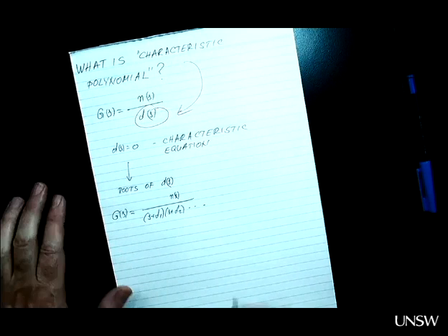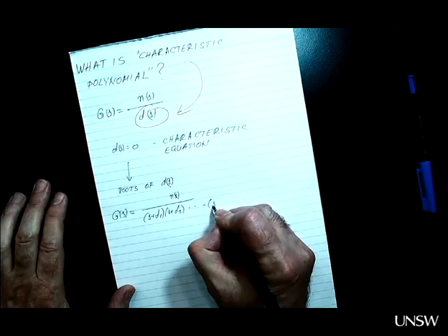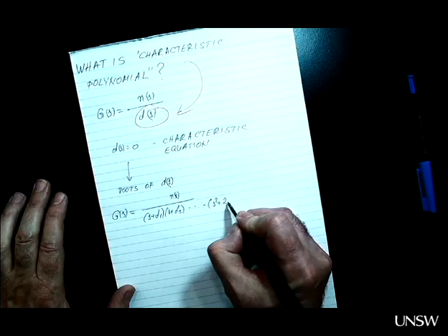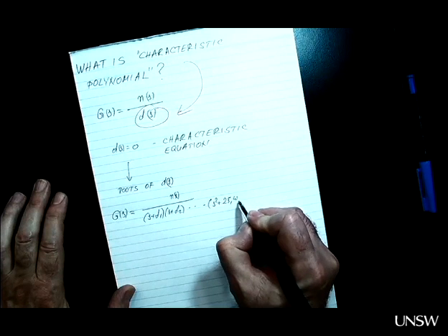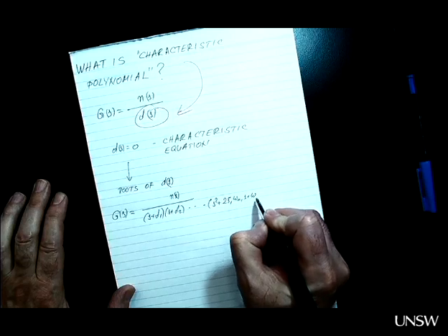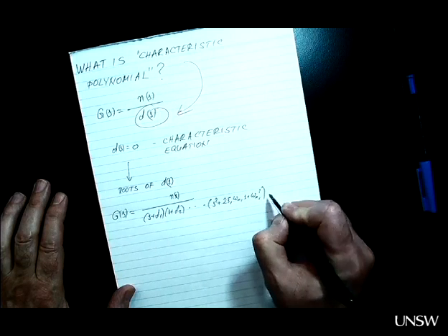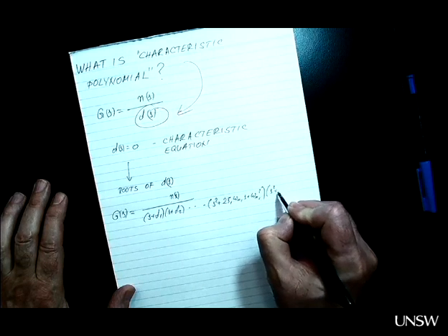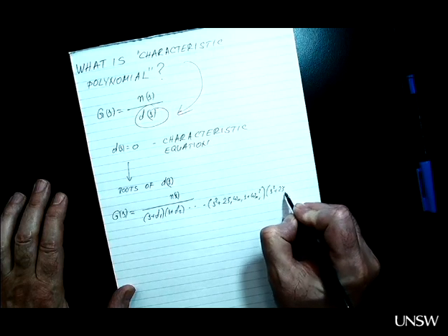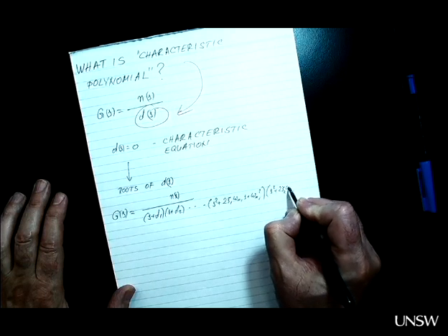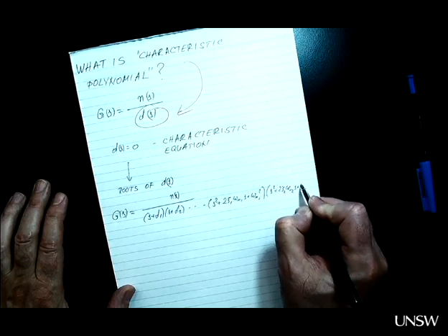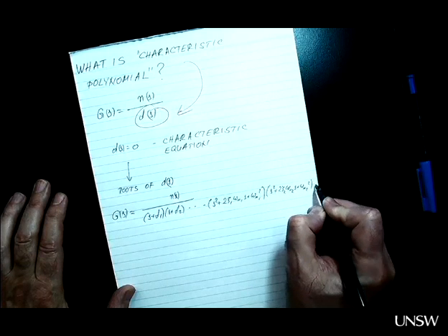If some of them are not real, then we'll have s squared plus 2 psi 1 omega n1 s plus omega n1 squared, s squared plus 2 psi 2 omega n2 s plus omega n2 squared, and so on.